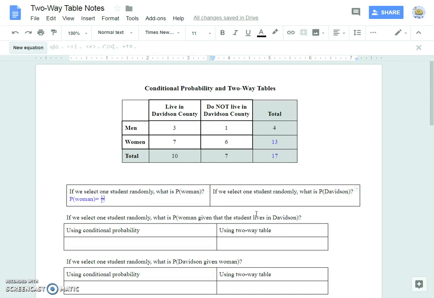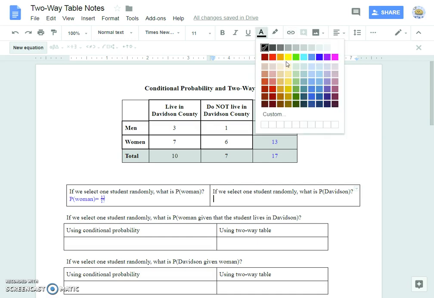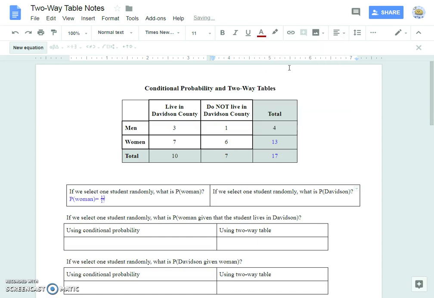Now we want to calculate the probability that we select one student randomly. If we select one student randomly, what is the probability that the student is from Davidson? So I have the probability of Davidson.